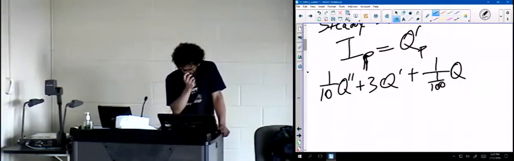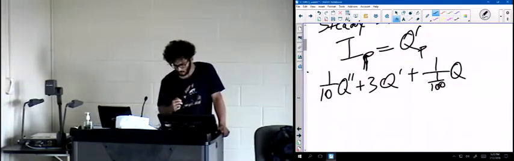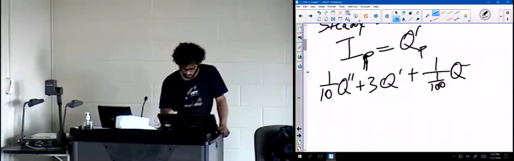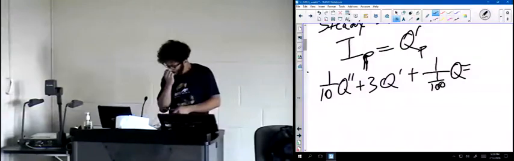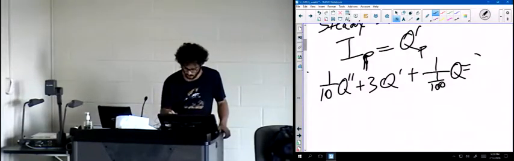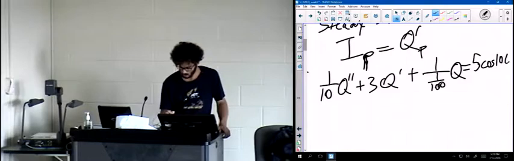And now this one, the impressed voltage is not 0 for all t greater than 0. We're going to set it equal to 5 cosine 10t minus 5 sine of 10t.